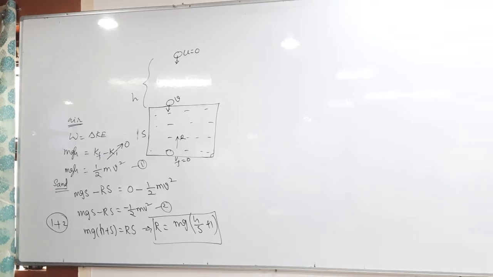If small f is the resistance force offered by the block, then find the displacement through which the bullet pierces inside the block. Find out that.